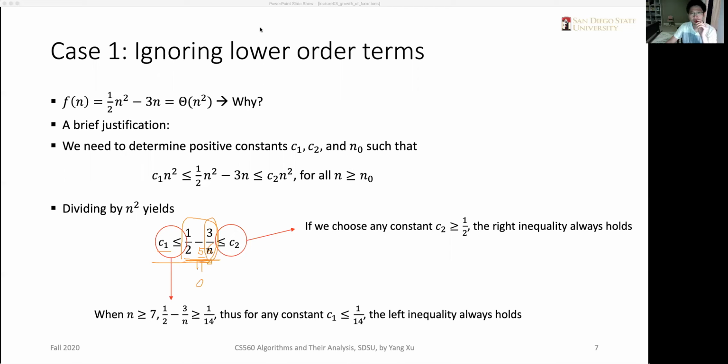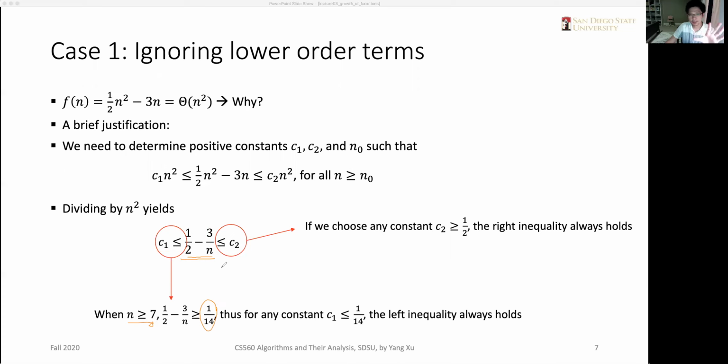So we should consider the n that's greater than or equal to 7, okay? When n is 7, the target function is 1/2 minus 3/7, which is 1/14, okay? So 1/14 is a positive number.